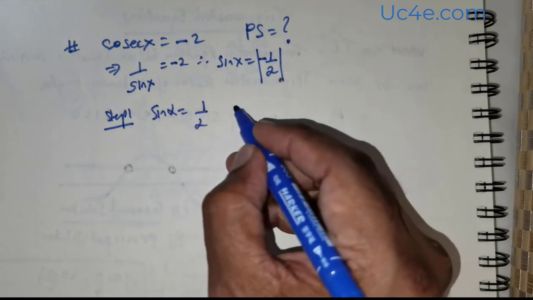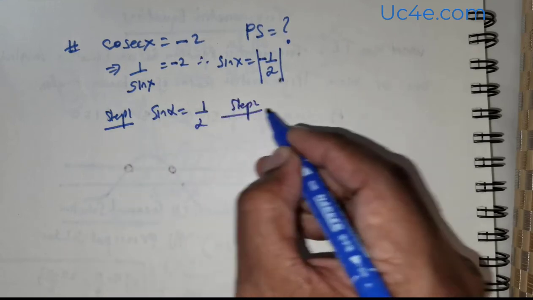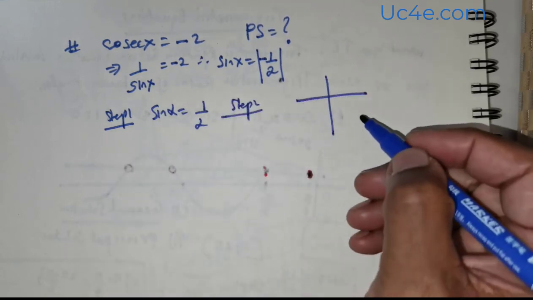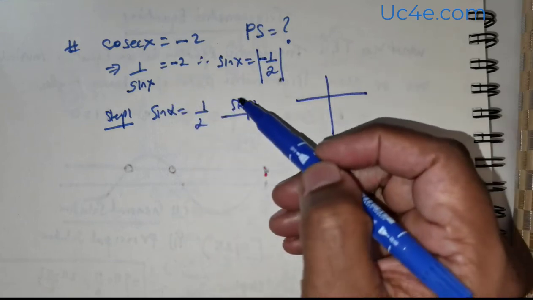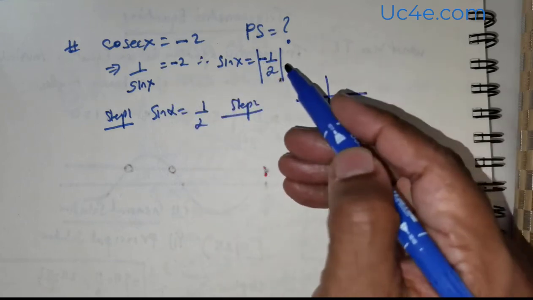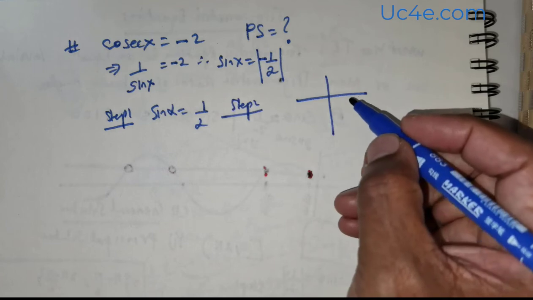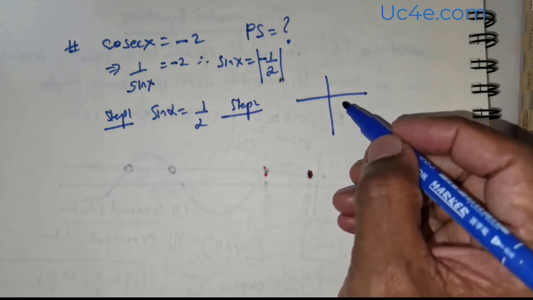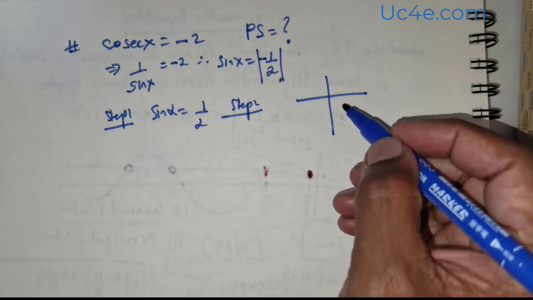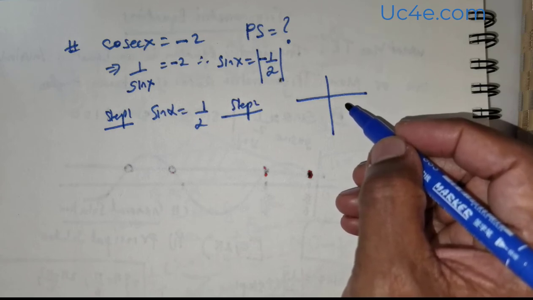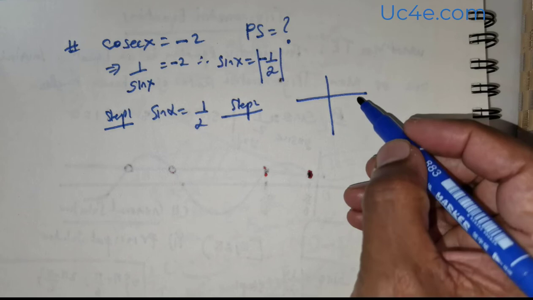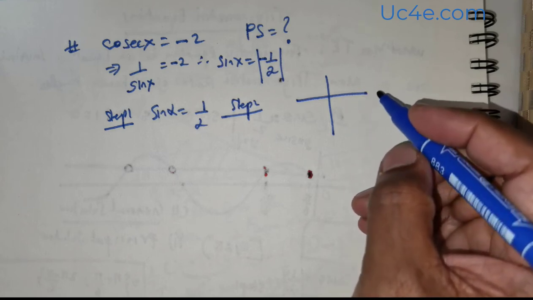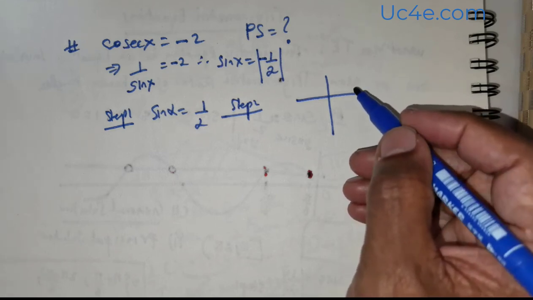Now step 2, you will want to locate the quadrant where sine x is equal to negative 1 over 2 occurs. In other words, in which of the quadrants sine becomes negative. However you want to represent, you can make the representation.